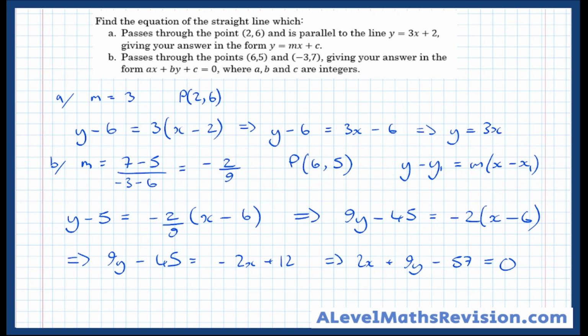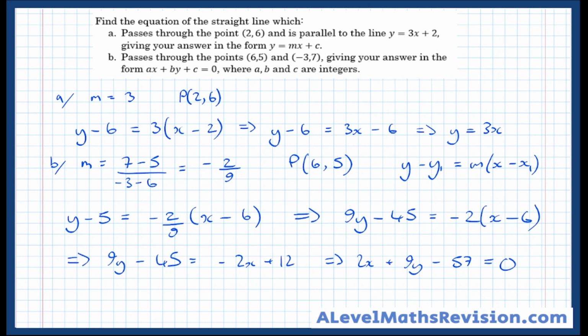If you want 2 million x plus 9 million y minus 57 million equals 0, that would be a ridiculous way of doing it, but it's still an answer that fits the criteria. But I would advise trying to keep the x positive just for presentation. But again, that doesn't matter. Any integer multiple of these is acceptable, but I would stick with this answer personally.